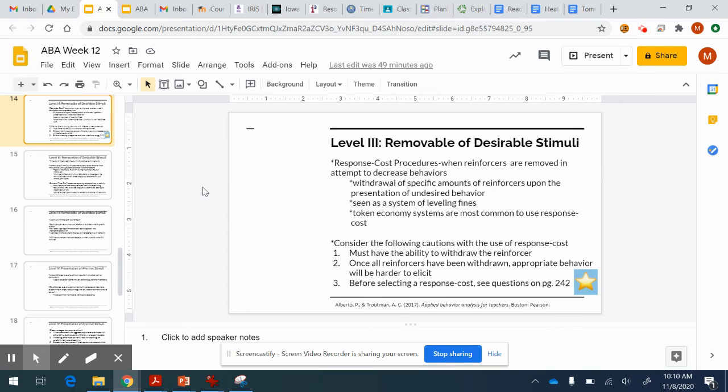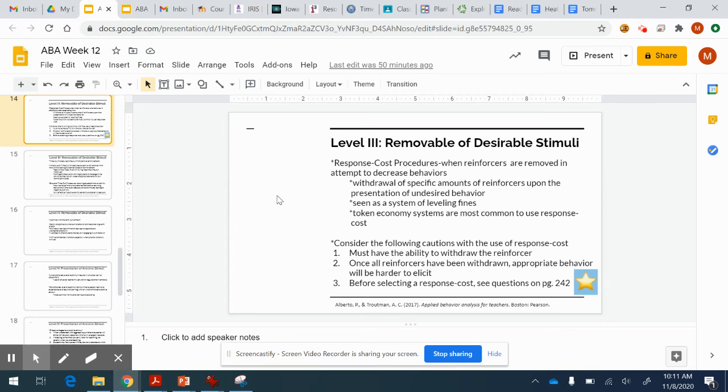You must consider the following cautions when you're using a response cost system. First, you must have the ability to withdraw the reinforcer. They talk about if you're using edibles, so if you're using goldfish crackers or marshmallows, something where the student can eat the reinforcement, obviously you're not going to be able to take that away from them. Once all reinforcers have been withdrawn, you have to be aware that the appropriate behavior will be harder to elicit.